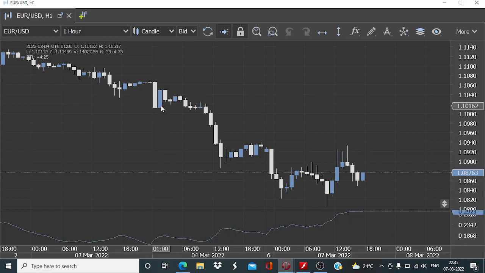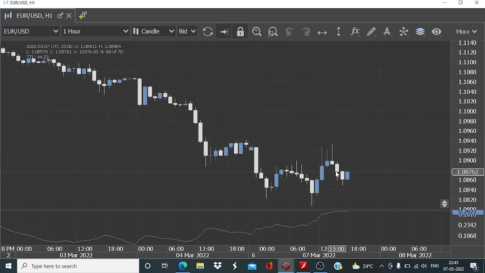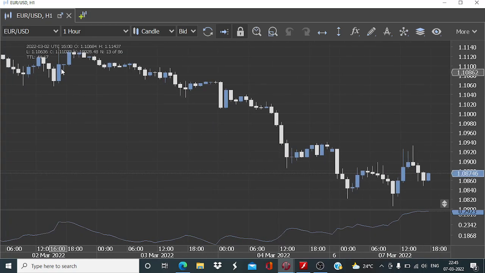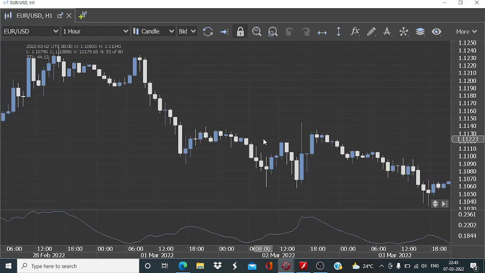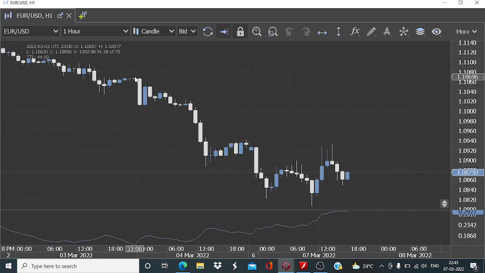So this is the data for the last 14 hours, and you can observe whenever we have the Euro USD dipping, as we have seen Euro USD in the downtrend for the last couple of days. Whenever it has sharply declined, we have seen this upward jump in the NATR. So that's how we can utilize this.